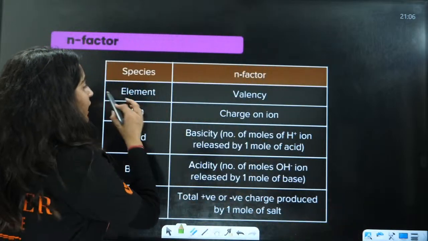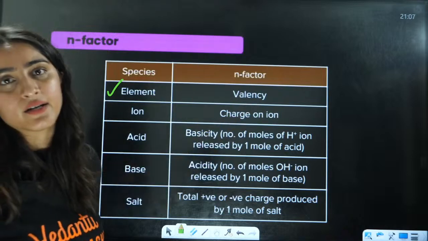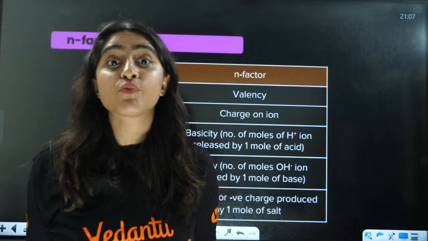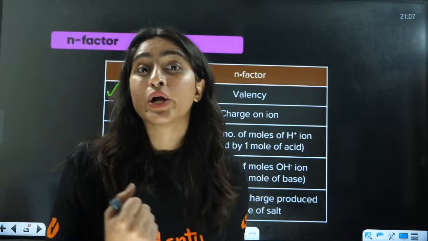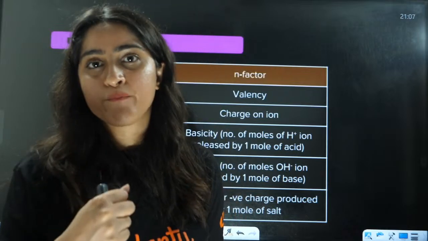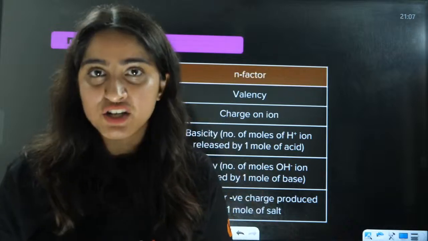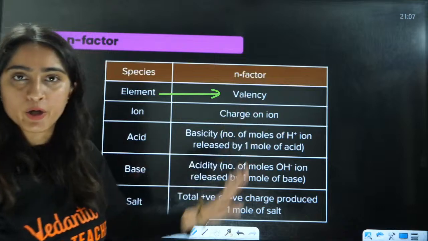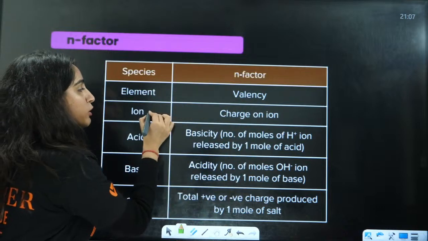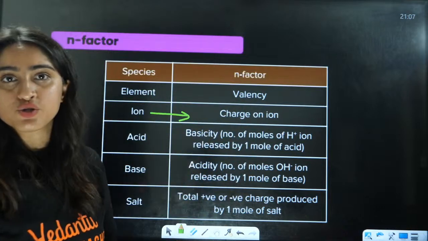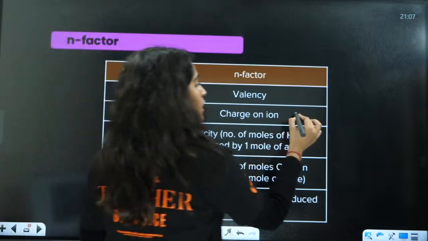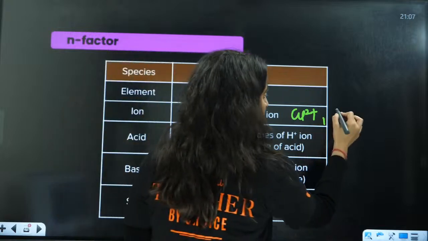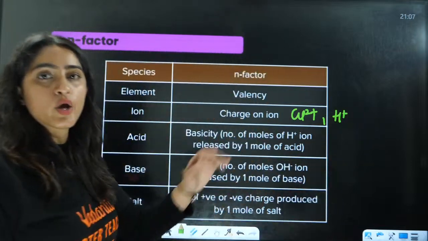If we are talking about an element, the n factor is the valency that it has. For example, Al, aluminium has valency 3. It means it is going to lose 3 electrons whenever it is in some chemical reaction. So for an element, valency is going to be the n factor. For ions like Cu2 positive, that 2 is going to be the valency. For H positive, 1 is the valency.